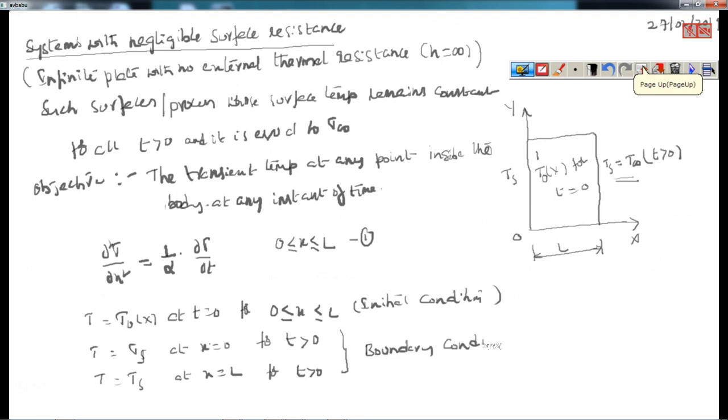Conditions of the problem. Conditions of the stated problem: systems with negligible surface resistance.